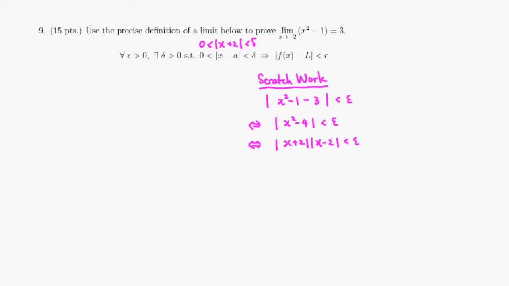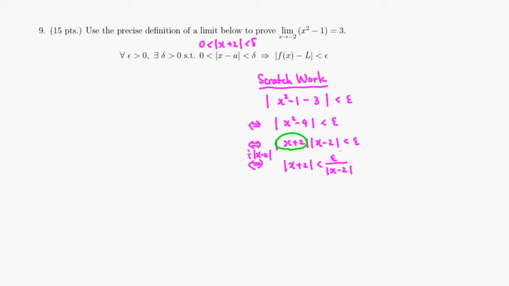The one we're interested in is x plus 2 right here. So I'm going to divide through by the absolute value of x minus 2. So you have the absolute value of x plus 2 is less than epsilon over the absolute value of x minus 2.